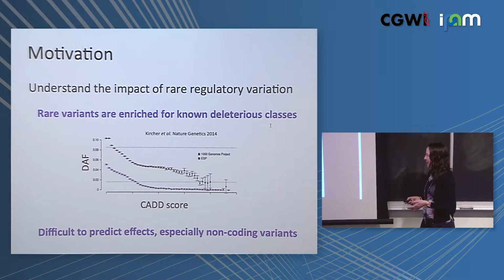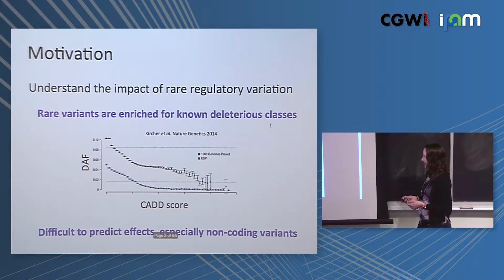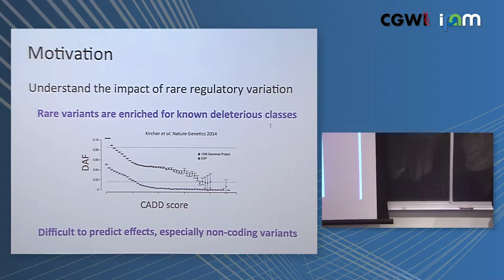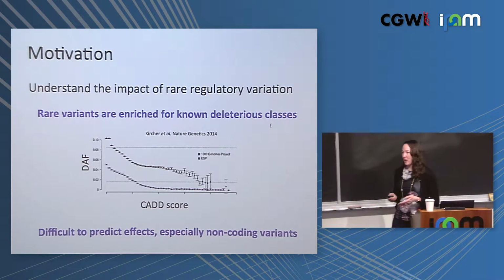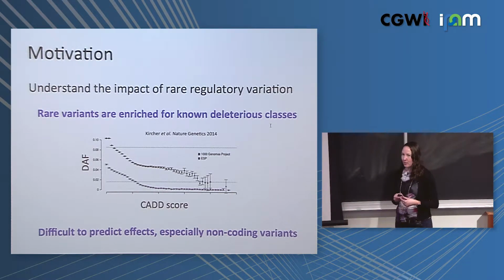So essentially we have, for any given person, something like 50,000 rare variants that we would like to be able to interpret if we really care about what's potentially going wrong in that person's cells and biology. And these are really, really difficult to predict the consequences of, especially for non-coding and regulatory variants, which is one of the primary focuses of my lab. Huge number of variants. We have very little ability to say anything about them.